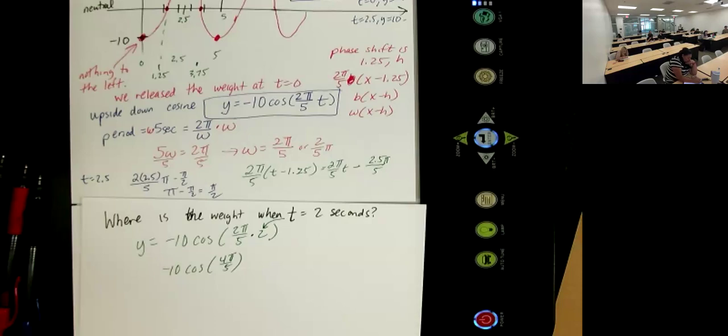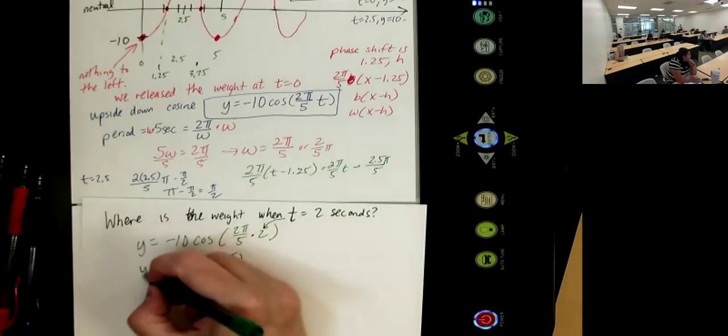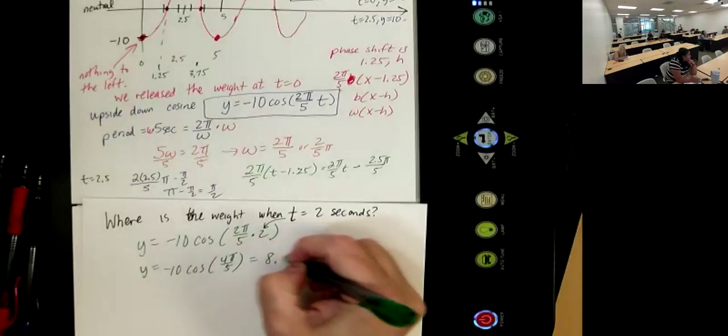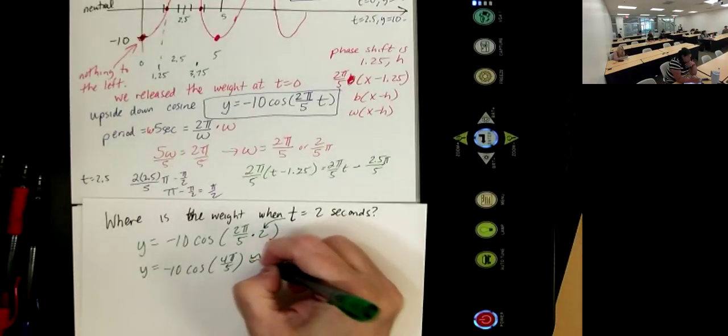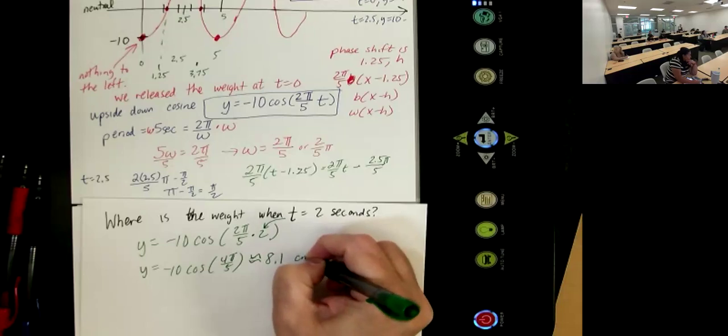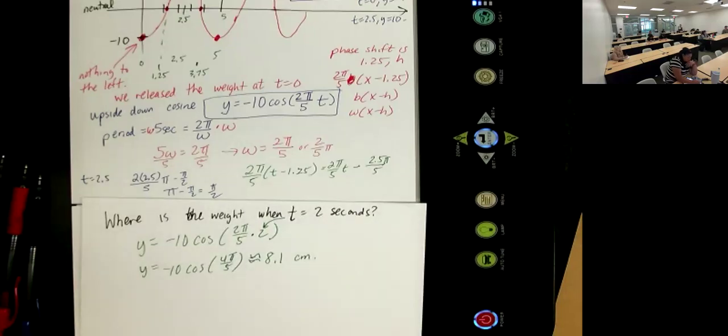Cosine of 4 pi/5, in parentheses, and make sure I'm in radians. And then I multiply that by -10. I get y equals approximately 8.1. And this was in centimeters, so centimeters.